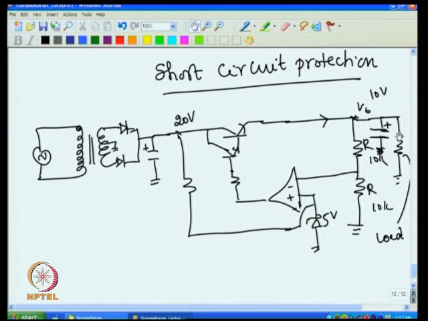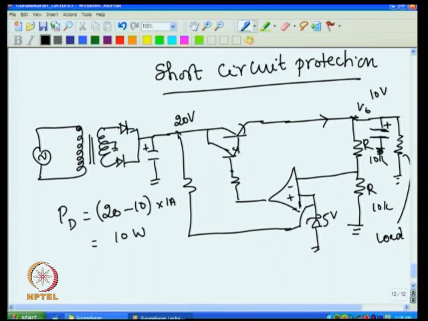If the load current is 1 ampere, then the power dissipation on this transistor is 20 minus 10, that is the voltage, multiplied by 1 ampere, that will be 10 watts. So there is 10 watts of power dissipation, and we showed last time how to design a heat sink so that the junction temperature is kept within the limit.